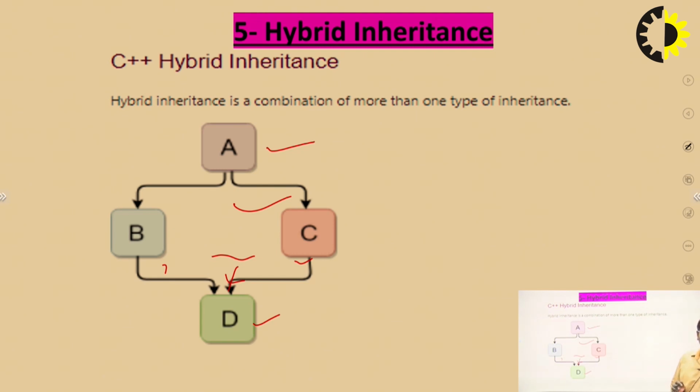So there are more than one type of inheritance, single inheritance, multi-level inheritance. We can say all the types of inheritance are present, so we can say hybrid inheritance.